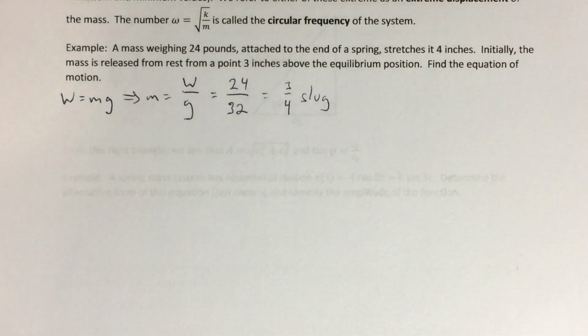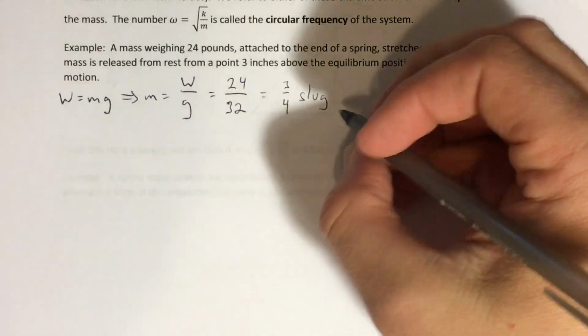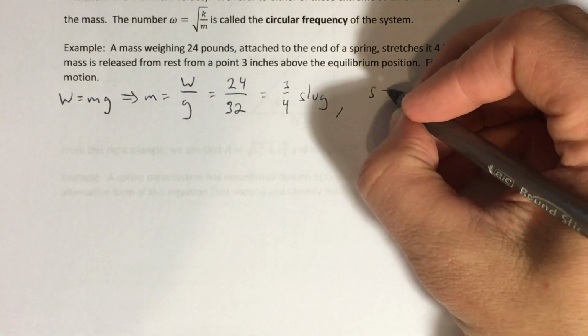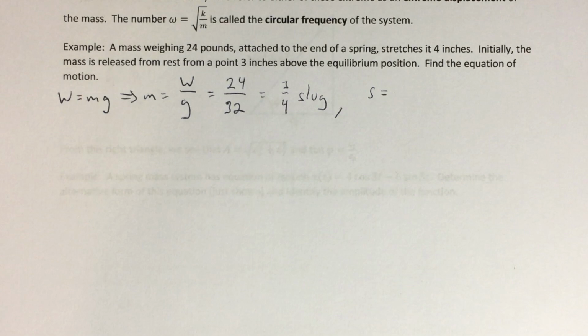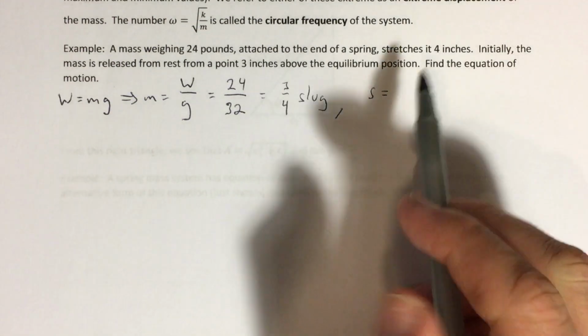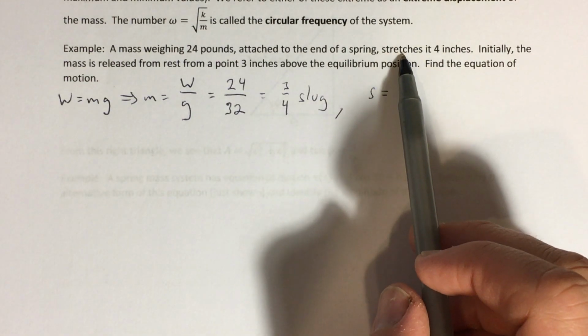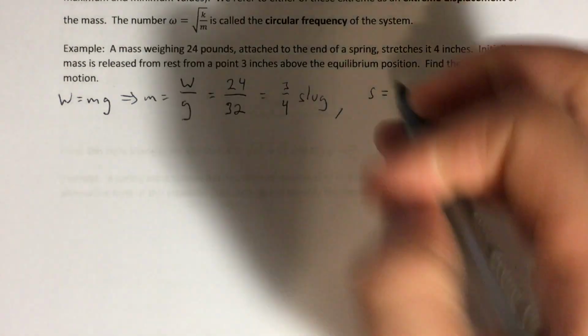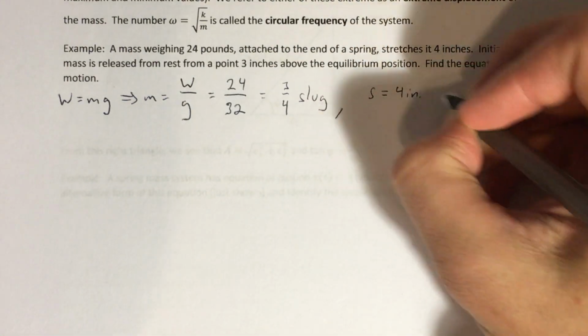Now, S, the quantity that we've been calling S in our derivation in the previous video, is the amount by which our spring is being elongated by the object that's hanging from it. So in this case, the spring is stretched by 4 inches. S then is 4 inches.